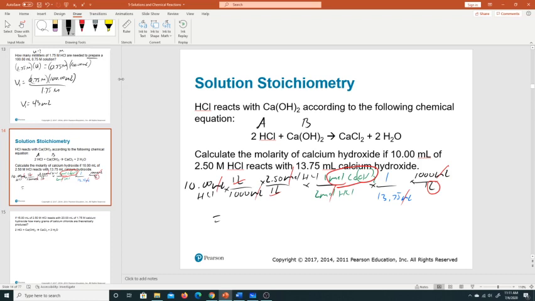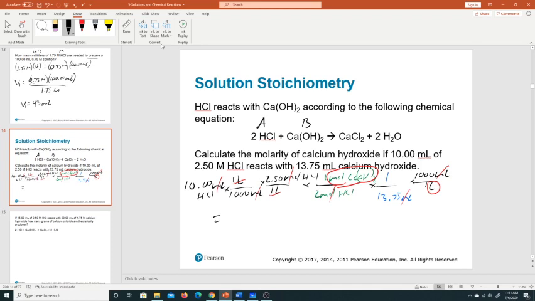So your calculator is going to be 10. Now the thousands also cancel out. 1,000 at the bottom, 1,000 on the top, they're going to cancel out. So it's going to be 10 times 2.5 divided by 2 divided by 13.75. And that gives us, now check sig figs.